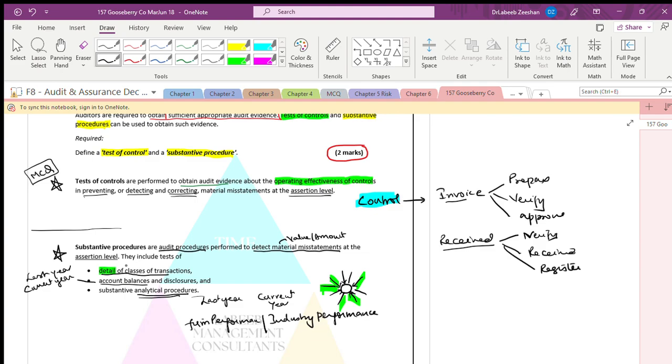Test of controls are performed to obtain the evidence, whereas substantive procedures are the audit procedures to detect material misstatements at the assertion level in terms of details of transactions, in terms of account balances, and whether they have disclosed it or not in the financial statements, financial reports, notes to the accounts.